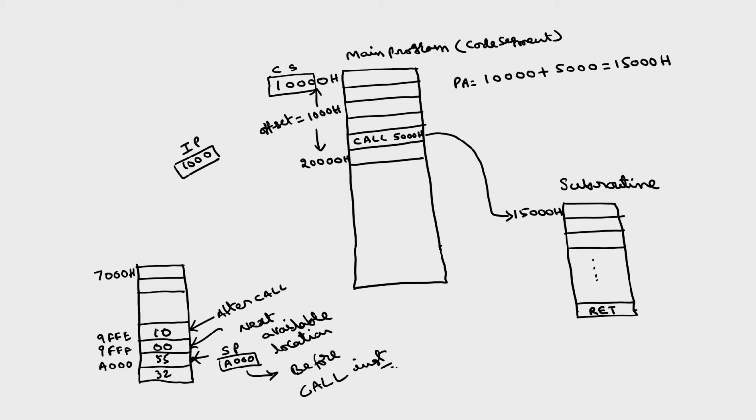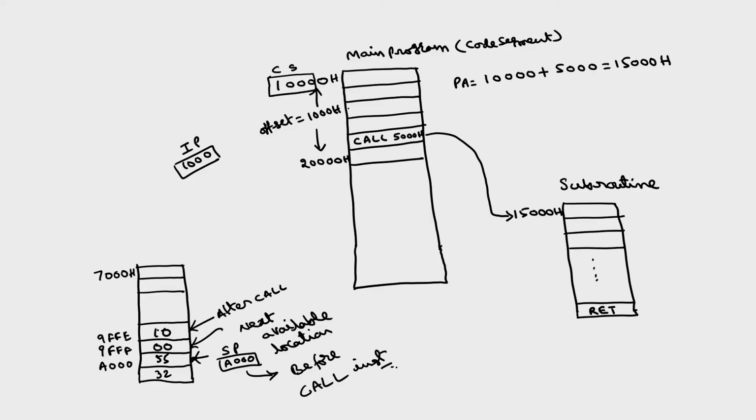So, the contents of the instruction pointer will be pushed onto the stack and the stack pointer will be decremented by 2. So, inside this call instruction the operation will be instruction pointer high, this is 10, this is 00, last in first out.